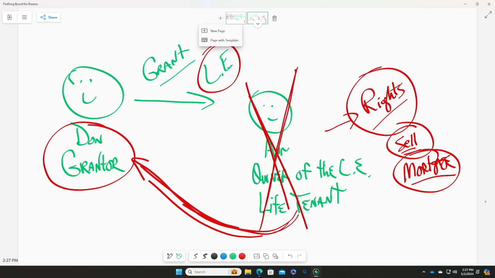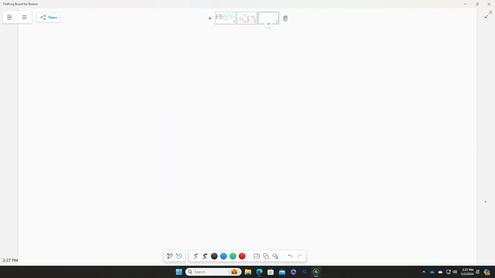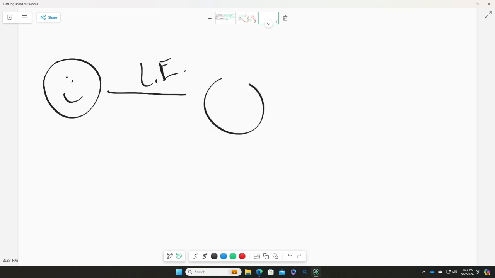Now, let's add some depth to this. And this time, Don grants or creates a life estate to Ann. And we know Ann, she's the life tenant. She owns it.